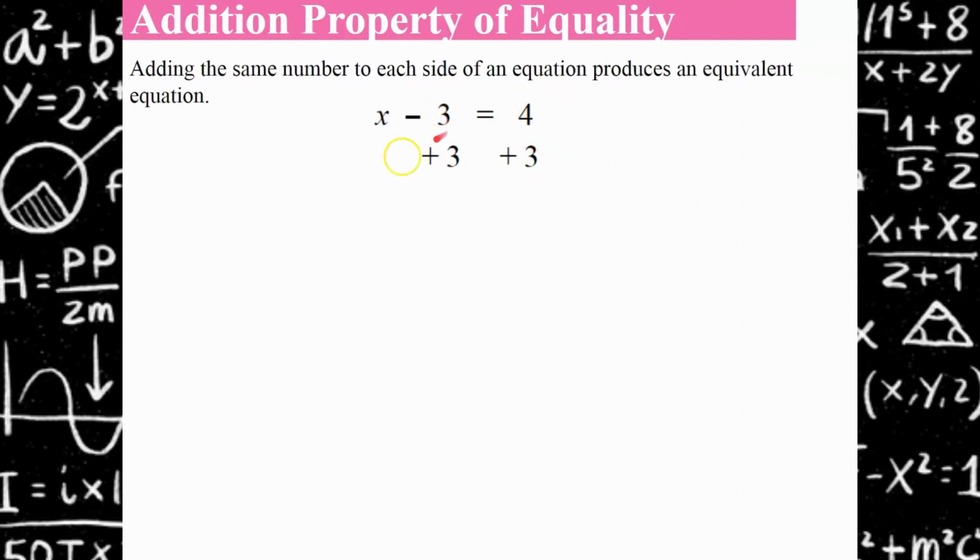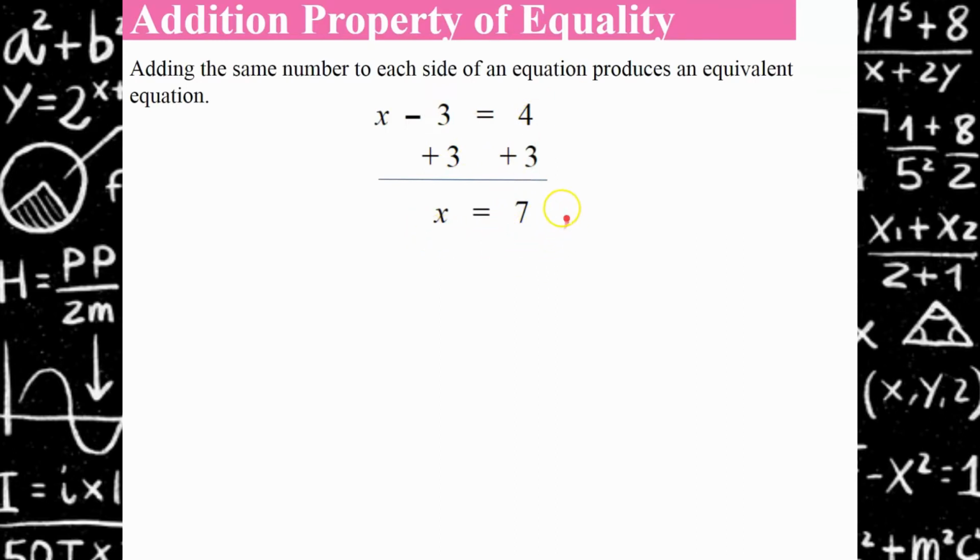So now we're going to combine. So negative 3 and 3 are a zero pair, meaning they are opposites. When I add them, I get 0. So on the left side of the equation, all I'm left with is x, because this is a zero pair. Then 4 plus 3 on the right side of the equal sign is equivalent to 7.